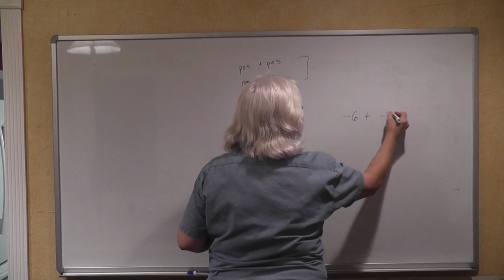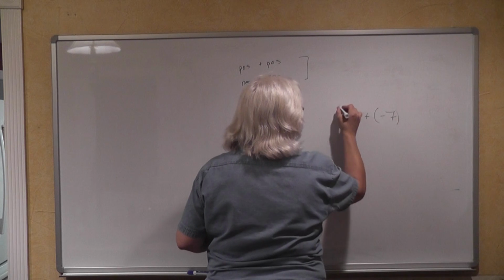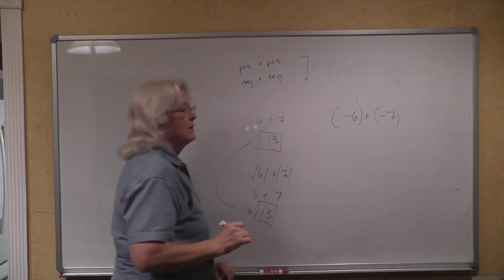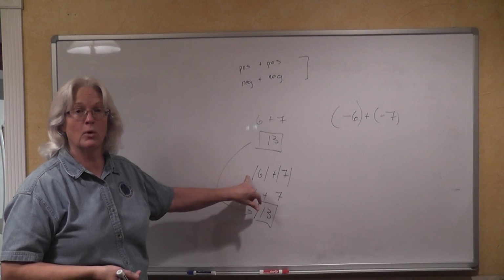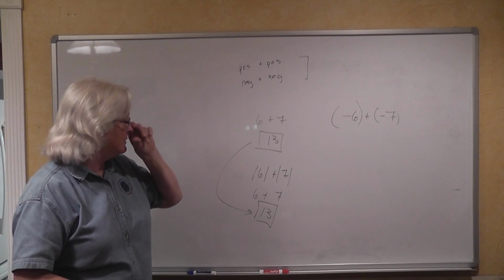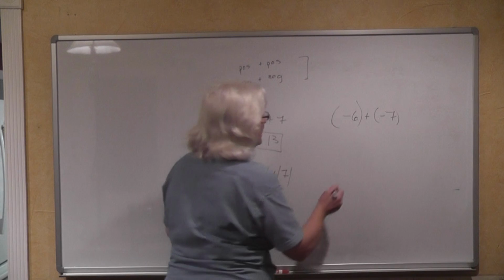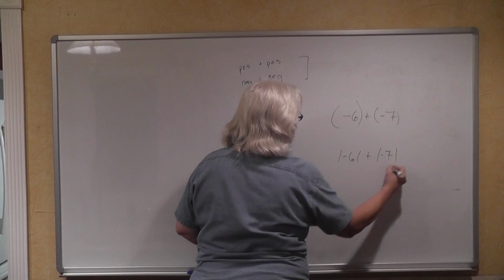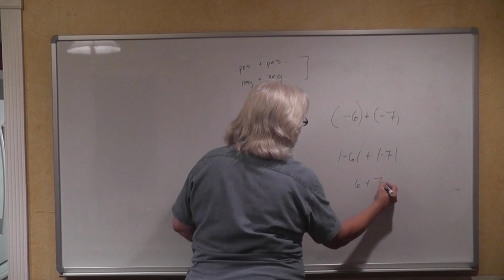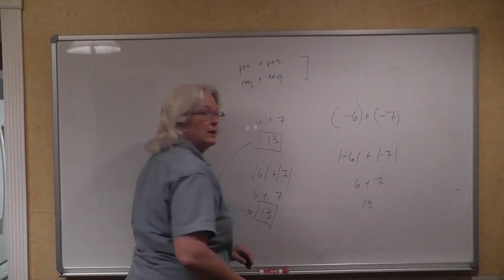until you are accustomed to what you're doing, you might need some help. And this is the basis for adding integers together. You take the absolute value of a negative 6 plus the absolute value of a negative 7, which is 6 plus 7, which is 13.